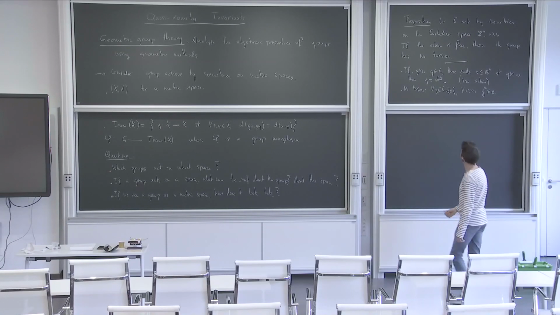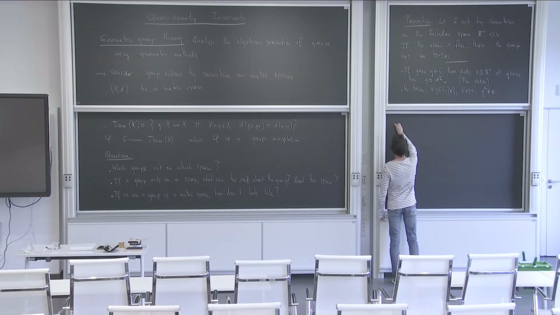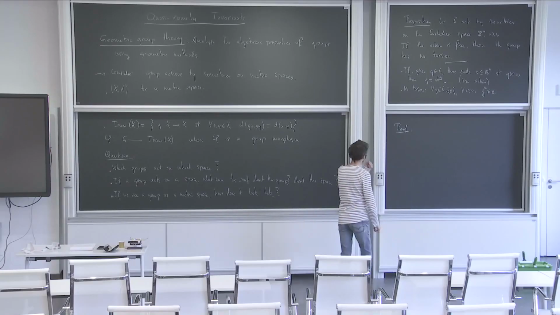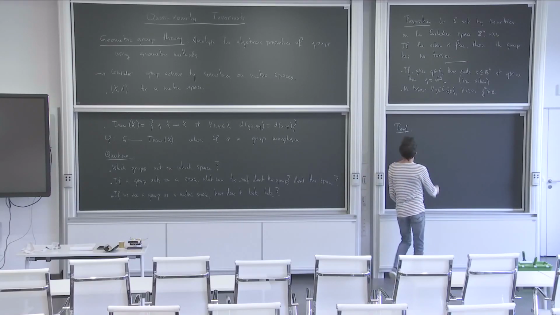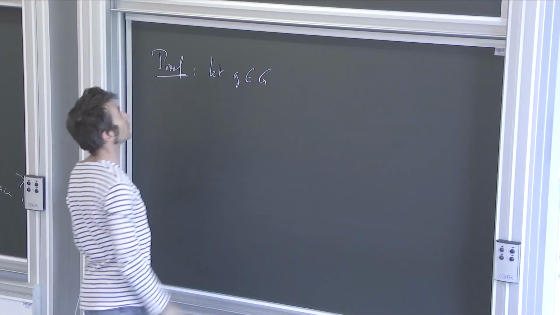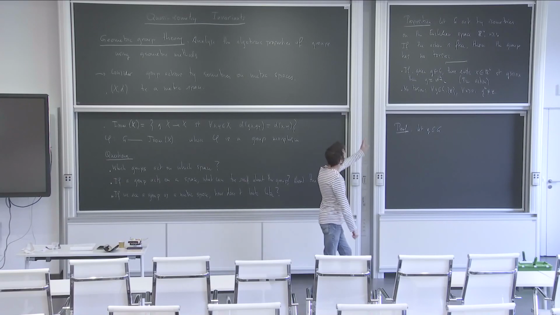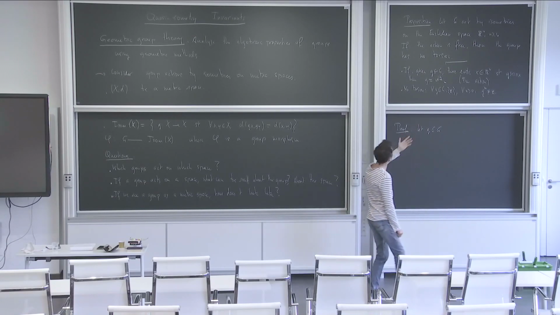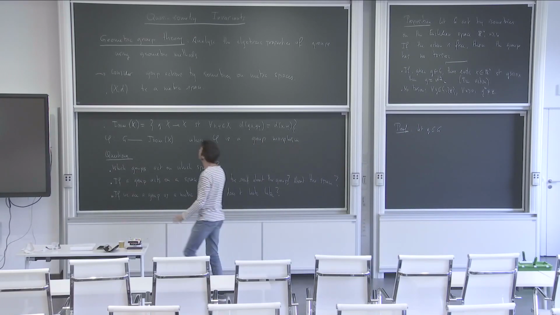So let me sketch the proof. Okay, so I let g be an element of the group. Maybe I should say that I'm looking at an action of an abstract group by isometries, but this means that I have this morphism.